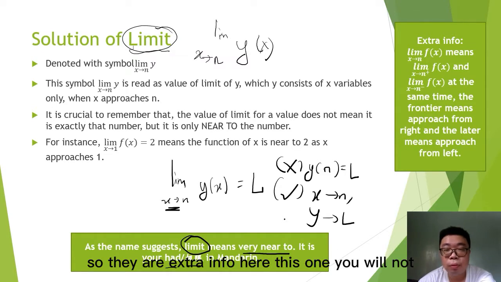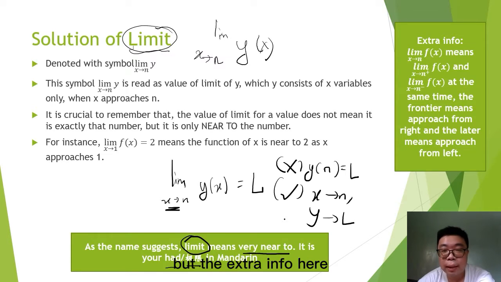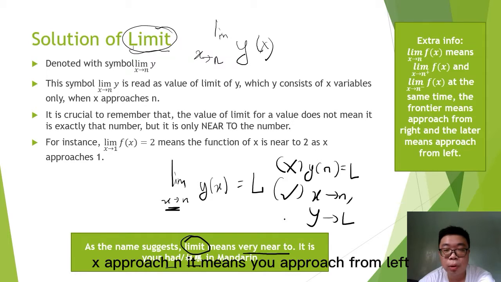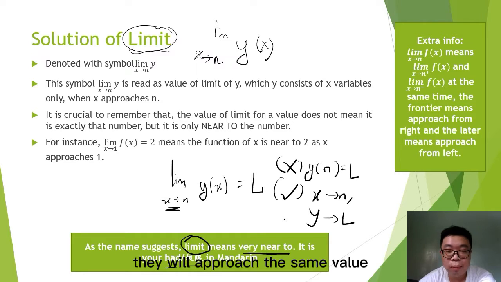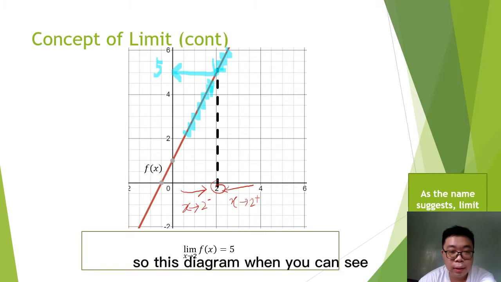So there is extra info here. This one you will not run into in your educational mathematics. But the extra info here is that as x approaches n, whether you approach from the left or from the right, they will approach the same value. You will see this through this diagram. When x approaches 2, your f will approach 5.